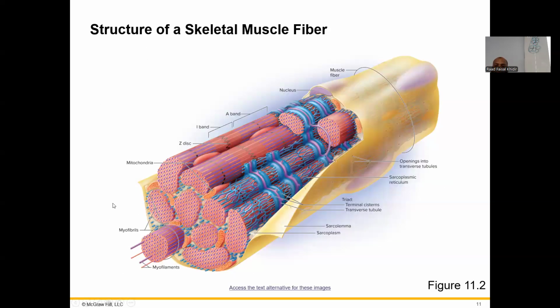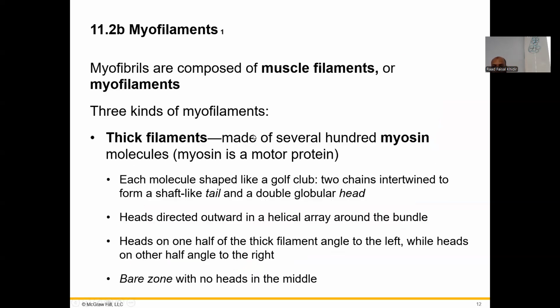Okay, now let's talk about these myofilaments. What's bigger, the myofibrils or the myofilaments? The myofibrils are big because they contain multiple myofilaments. Myofibrils are composed of muscle filaments, or myofilaments, and there are three kinds.